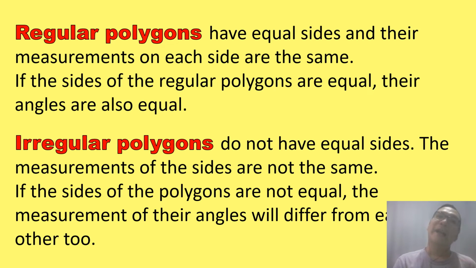If one side is 2 centimeters, then the others may be 3, 4, or 5. And also, if the lengths of the sides are not the same, then the angles don't have the same measurement. So those are regular and irregular polygons.